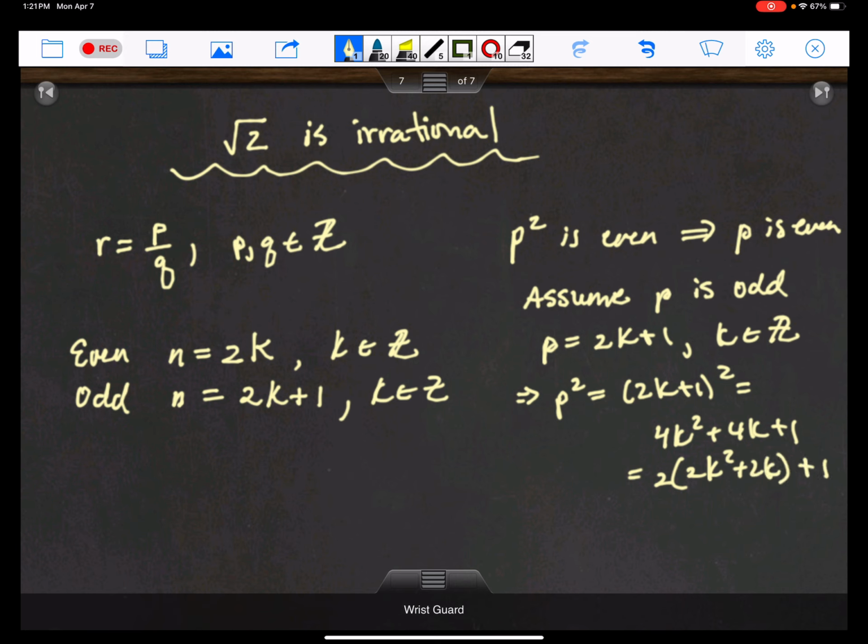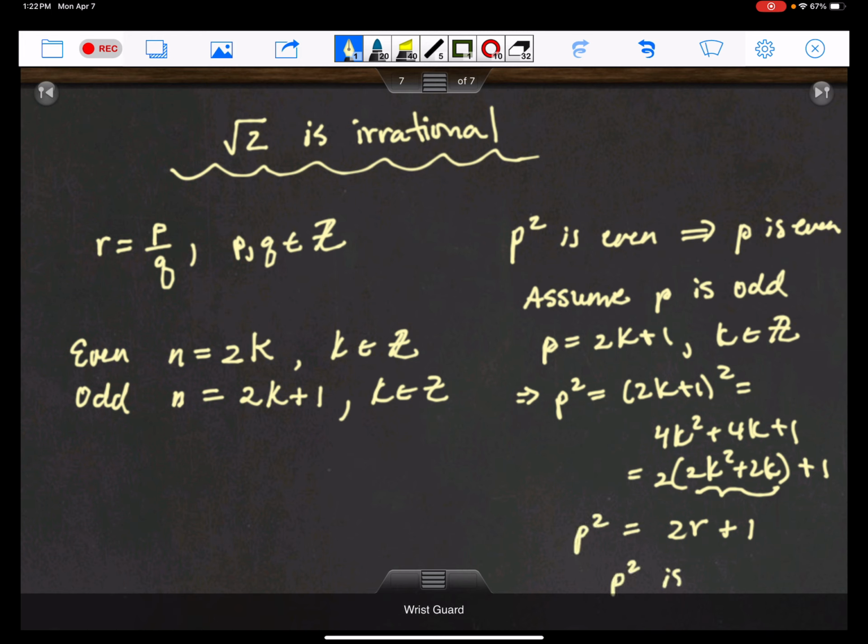We also accept that the sum, product, and difference of integers is an integer. So this right here is also an integer. So it could be written as 2p plus, oops, not p, can't use p. We'll say 2r plus 1, where r is an integer. And this means p squared is odd.